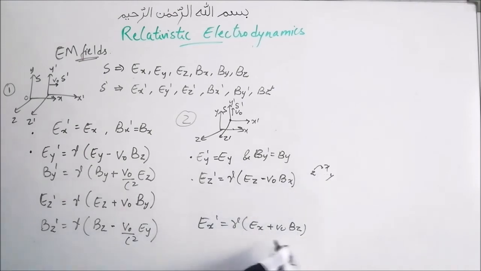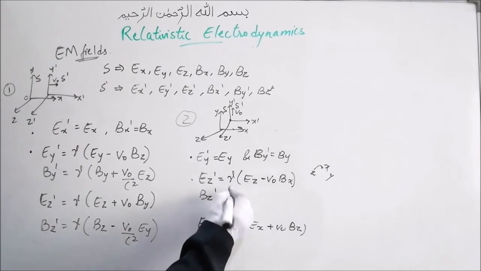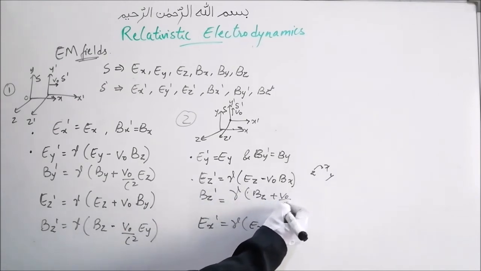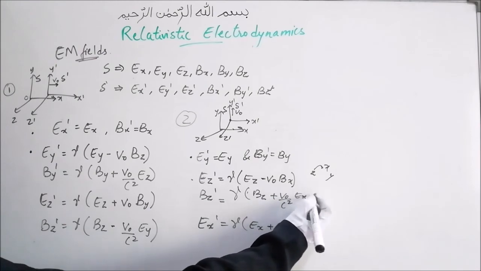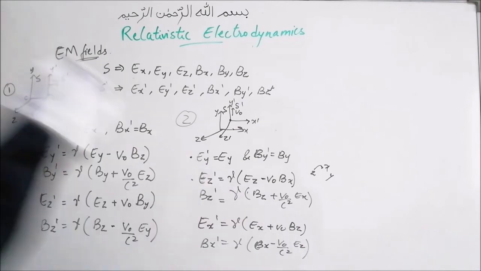When you come X to Z, it will become minus, minus will become plus. Similarly, we will have Bz dash equal to gamma Bz plus V naught upon c square Ex, and we will have Bx dash equal to gamma Bx minus V naught upon c square Ez.